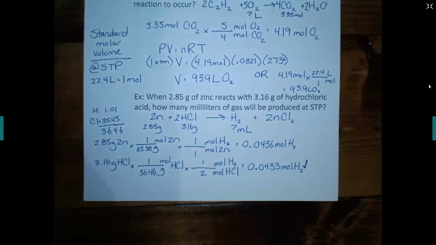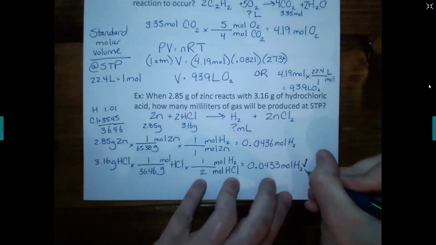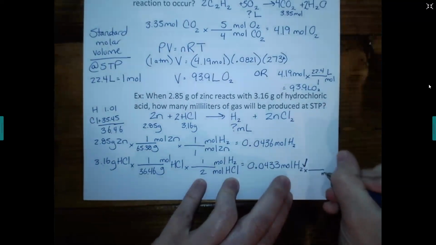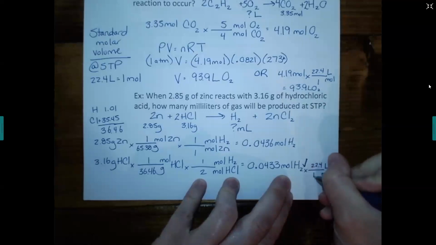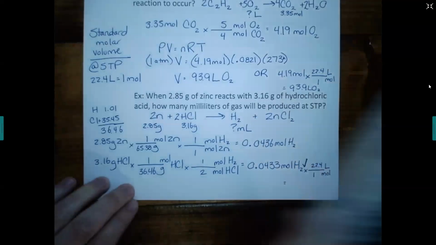So you have some options. Remember, this is at STP, so you could just use the standard molar volume. You could just go out to the side, drop moles to the bottom, put liters on top, and that would be 22.4 over 1.